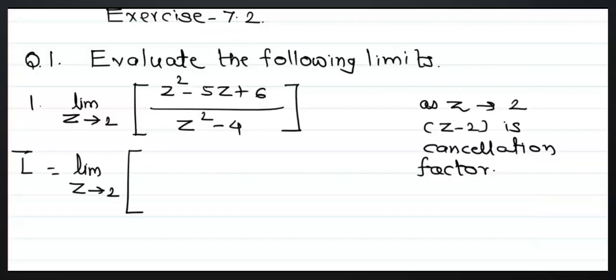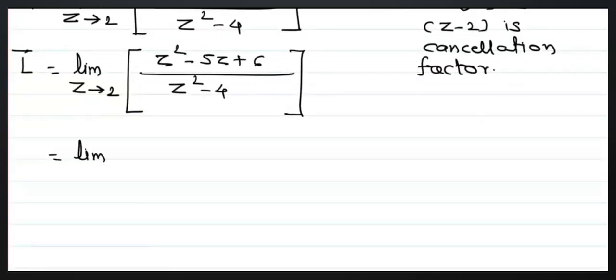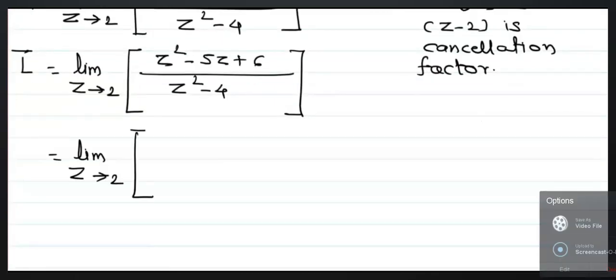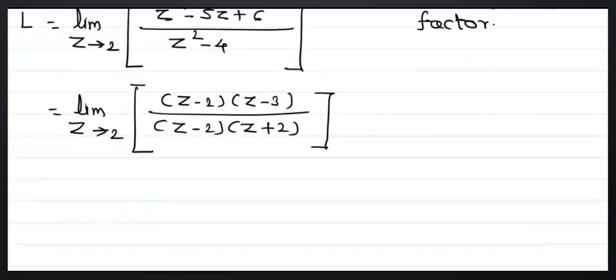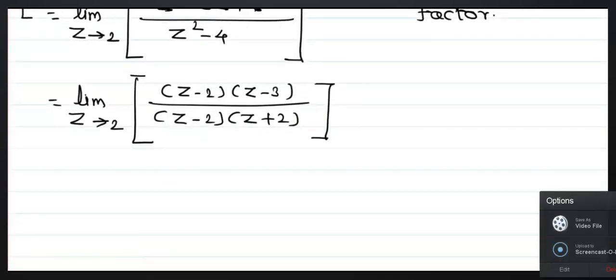That is, L is equal to limit z tends to 2, z square minus 5z plus 6 upon z square minus 4. You can write this example. Now, these are the factors. For z square minus 5z plus 6, the factors are in the first bracket z minus 2 and in the second bracket z minus 3.